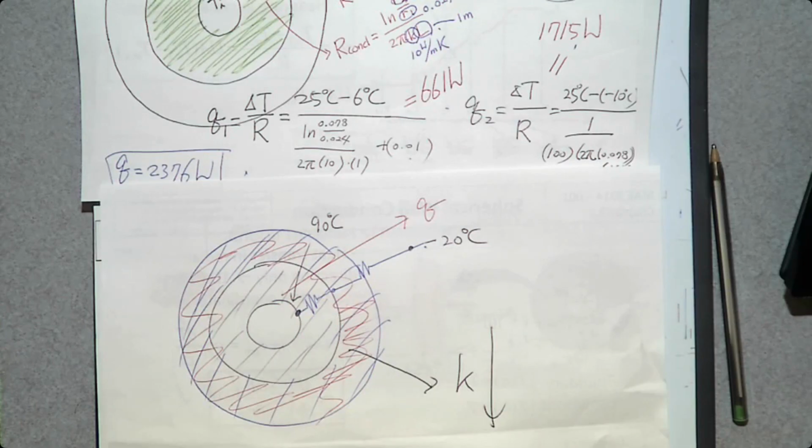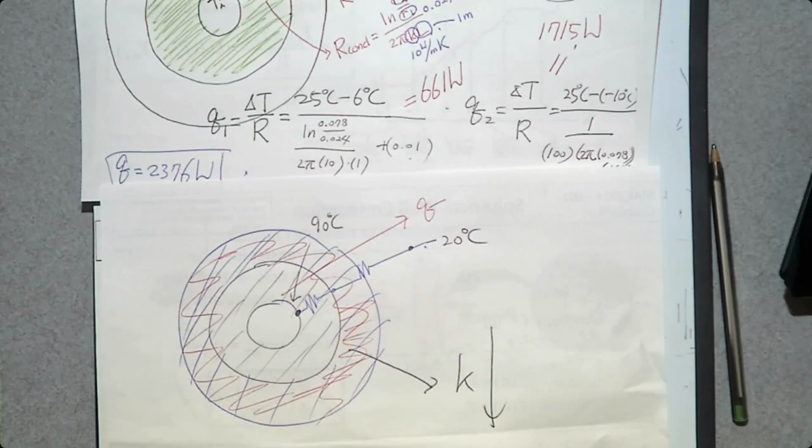Because of this conduction resistance, the rate of heat transfer goes down, right? Then, if you add this conduction resistance, does it just increase the conduction resistance? Not necessarily. There's another side effect.